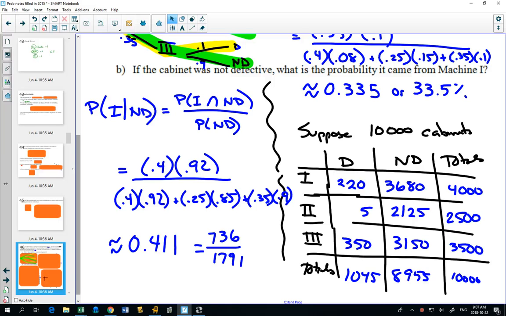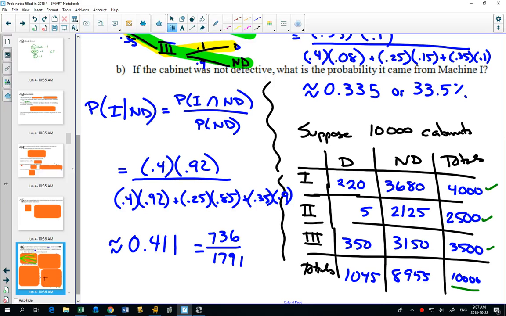And it's good we erased one, because we really have to think about what number is going to go in there. Now, since machine 1 does 40%, 40% of 10,000, this would be the first number I would figure out, this would be the second and the third number I would figure out. Those have to add up to 10,000. Does that make sense? And I chose 10,000 because I wanted numbers that didn't end up being decimals, right?